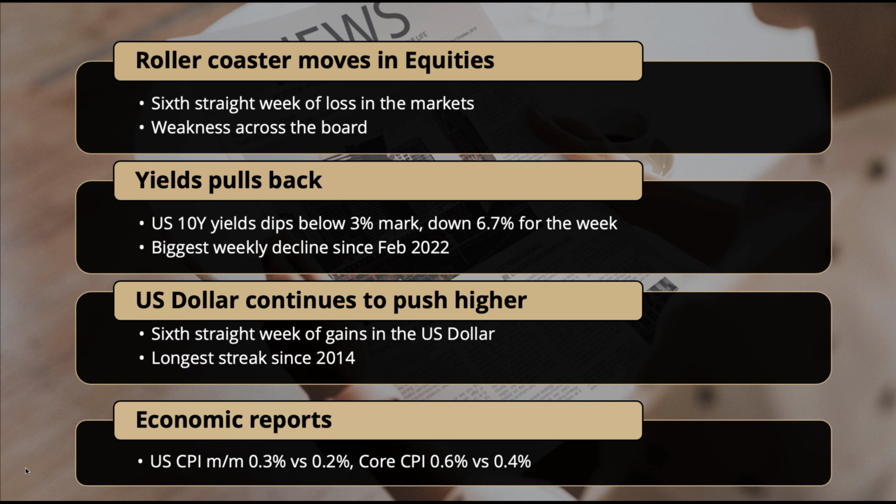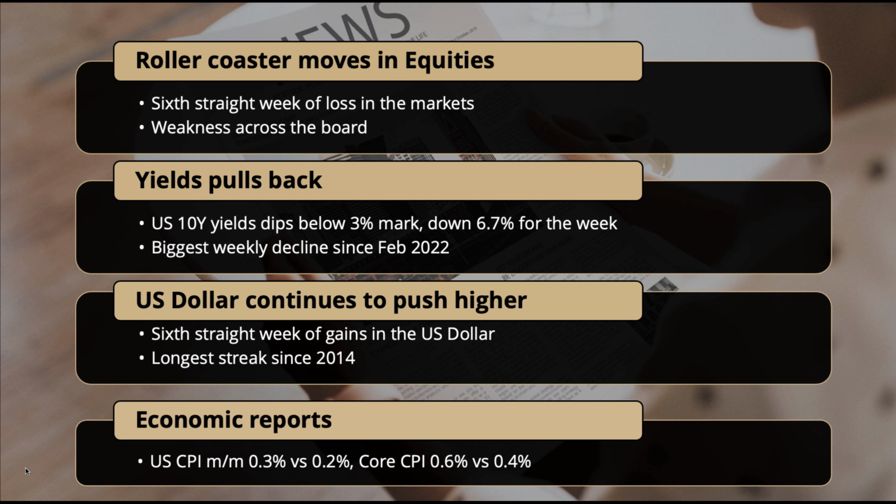Yields pulled back, and that has been quite a topic of discussion. Everybody's worried about inflation. That's not new news. But this week, we did notice the yields dipped below the 3% mark. We almost hit 3.2% before dipping below 3%.